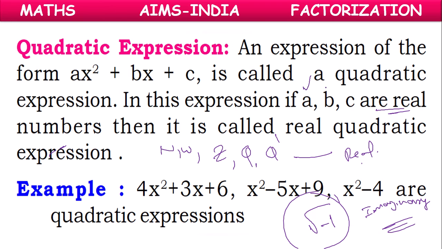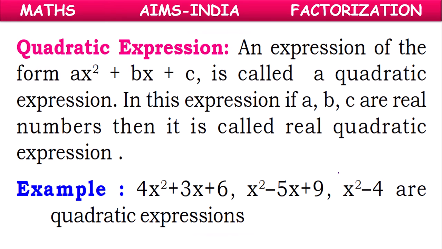The values of a, b, c can be any of these subsets of real numbers, but not imaginary. Then it is called a quadratic expression. If a coefficient is an imaginary number, then it is not a quadratic expression. So all a, b, c should be real.